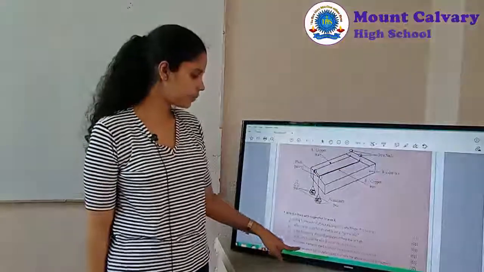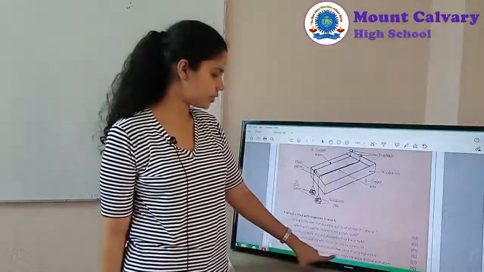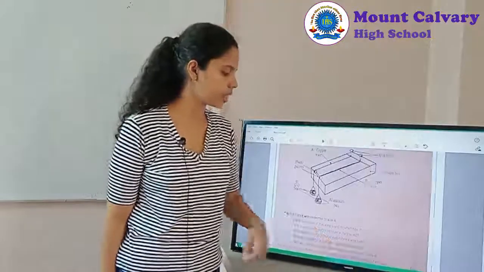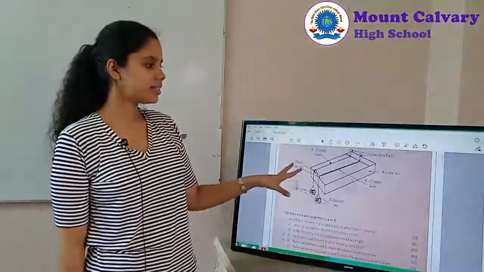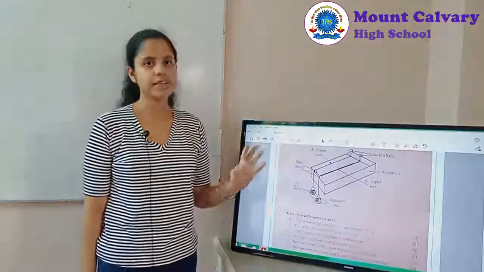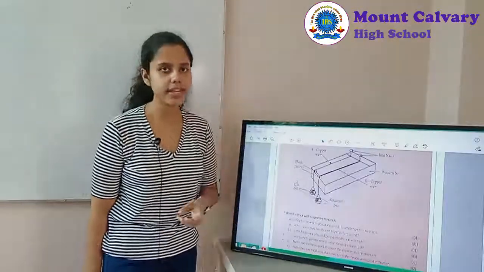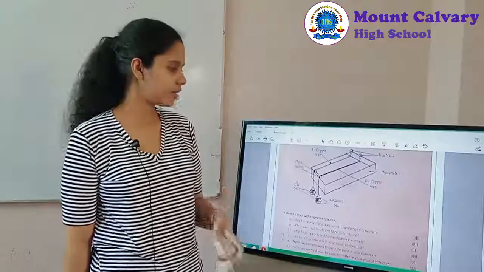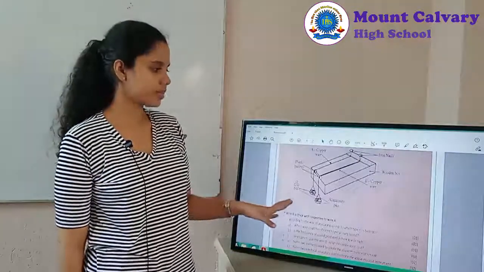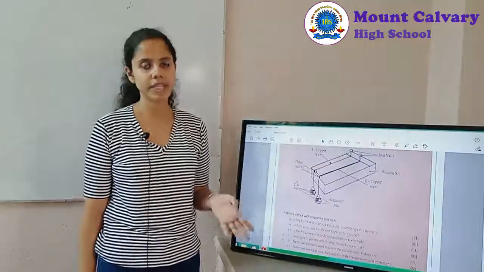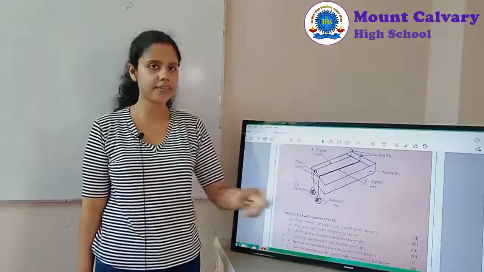Next one: name two electrical insulators used to create the above musical instrument. Now you know we can divide materials into two types: electrical insulators and electrical conductors. Electrical conductors are materials which can conduct electricity.